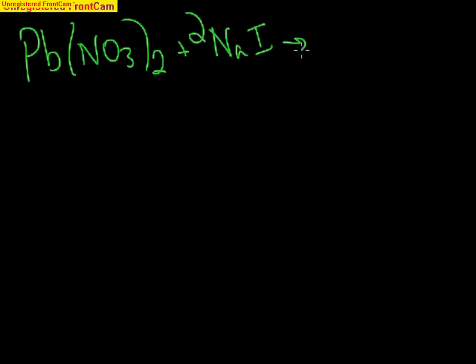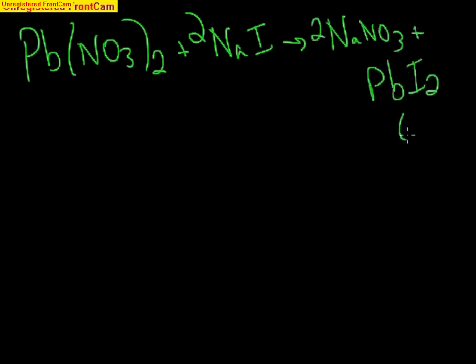And that gave us the NaNO3 with a 2 plus the PbI2. And we said this was the solid, we know these two were aqueous, and we know this is aqueous. Step 1.